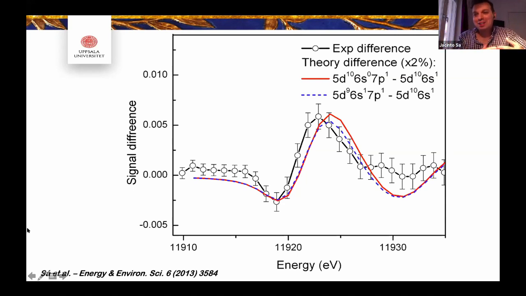So we could actually fit the signal by, for example, putting a lot more electrons into the 6s and less on the p, or putting more on the p. So this is the problem with plasmonics, because the electrons will basically have an energy distribution. They will be occupying different states, and there are so many electrons being excited at the same time that you can never treat it as a single photon, single electron process.